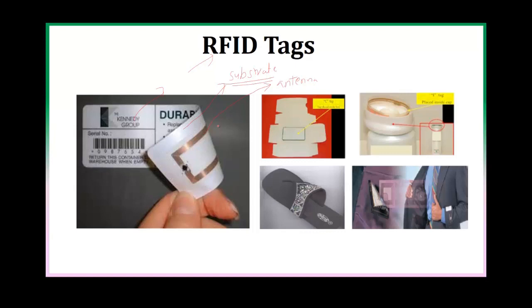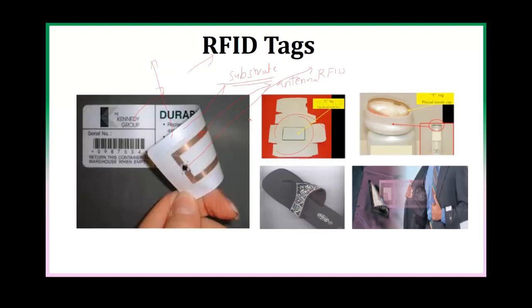So these are your antennas, and this is your RFID chip, which is attached to your antenna. These are like paper labels to which the RFID is stuck, so even these types of tags are being used. There are various applications of RFID tags.